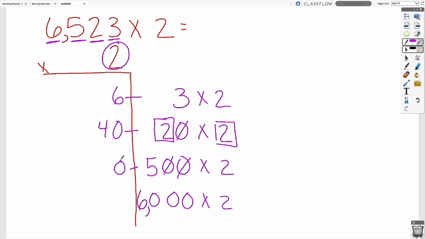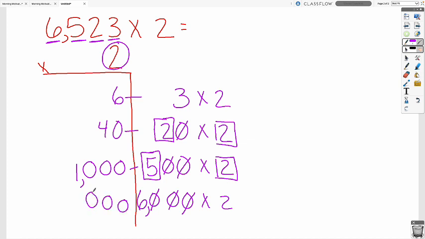I'm going to go ahead and cross out both of those zeros, which leaves me with a 5 times 2. 5 times 2 is 10. Finally, I have 6,000, and I'm going to cross out those zeros and go ahead and move them. So that's 1, 2, 3 zeros. And that leaves me with a 6 and a 2. 6 times 2, 12. So the answer is 12,000.